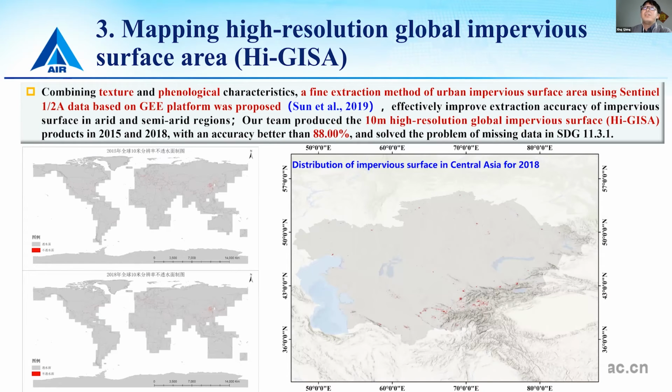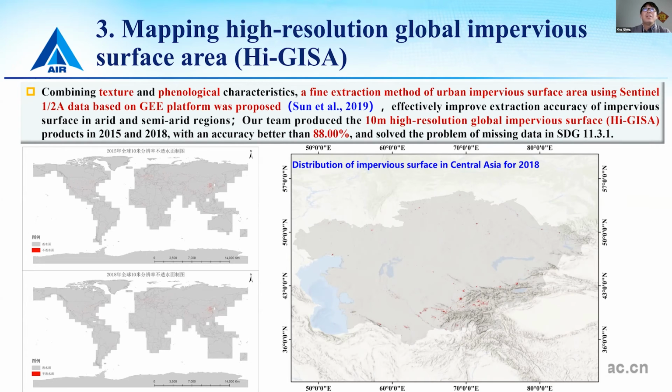As you know, this impervious surface area is a very small proportion in the land cover. So for your direct impression, it accounts little. But let's see some detail.